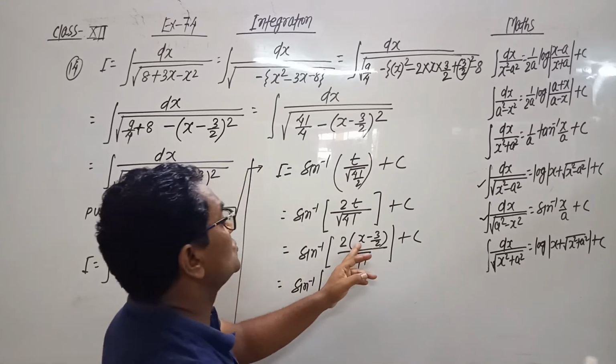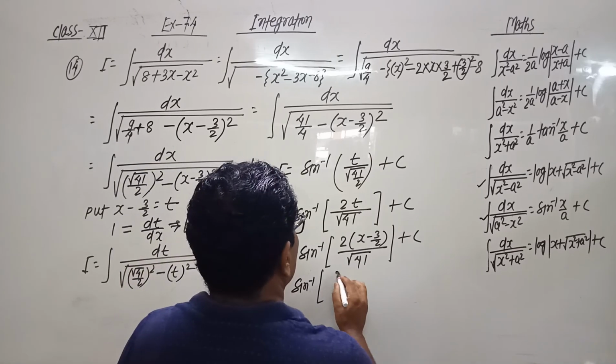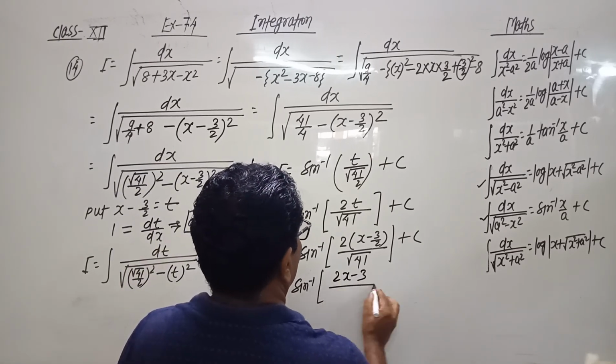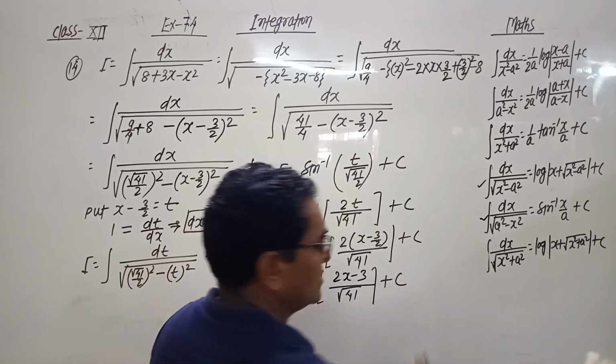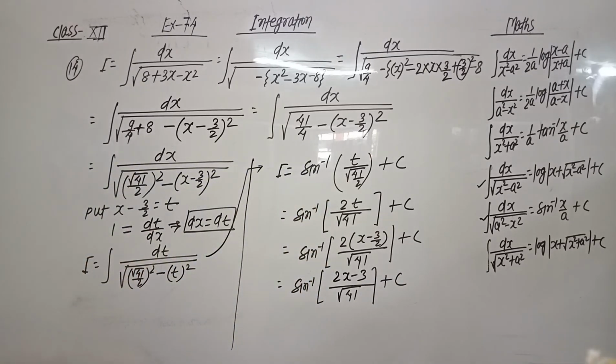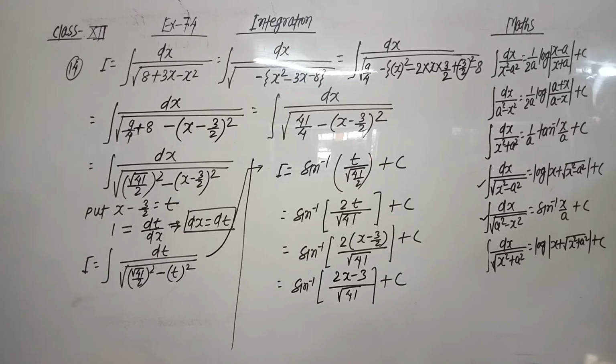So it becomes 2x minus 3, and 2 gets cancelled. So 2x minus 3 by root 41, plus c. So we get the result I equals sine inverse of 2x minus 3 upon root over 41.